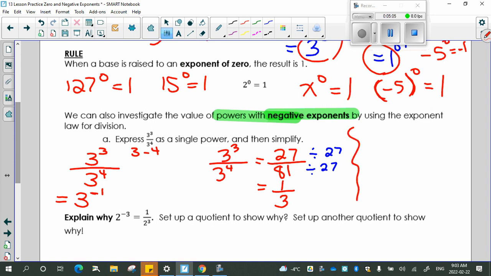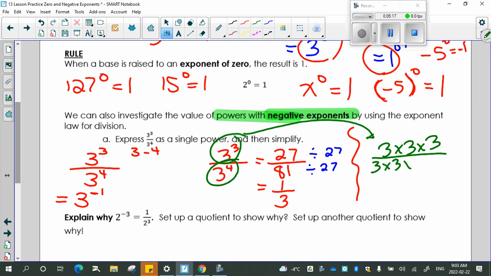Another way to show it is 3 to the 3 is actually 3 times 3 times 3, and 3 to the 4 is actually 3 times 3 times 3 times 3. And you can divide out those 3s, leaving me with 1 on top, not nothing, and 3 on the bottom.